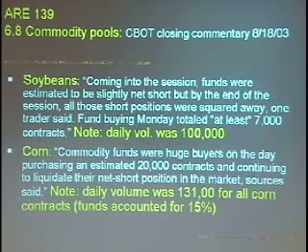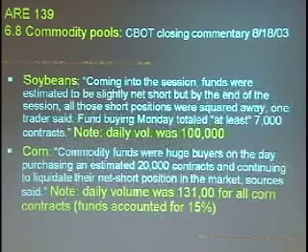In the corn market, commodity funds were huge buyers on the day, purchasing an estimated 20,000 contracts and continuing to liquidate their net short position in the market. That particular day, total volume is 131,000, so the funds accounted for 15% of the trade. So you can see they're not insignificant. And as a result, there's controversy, but the CFTC has really put no limits on them.